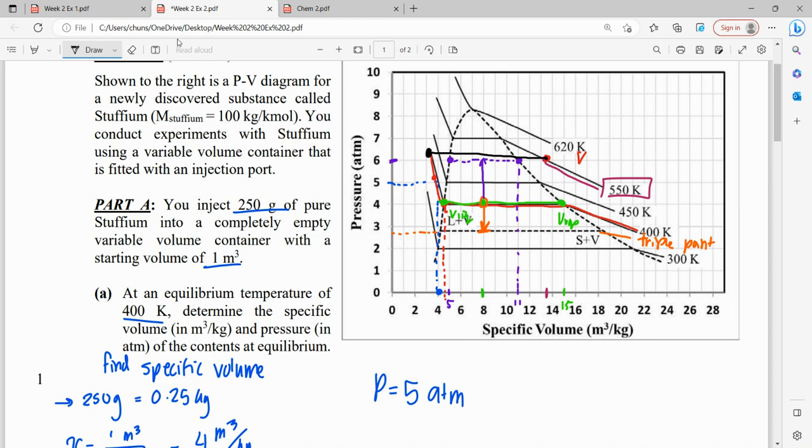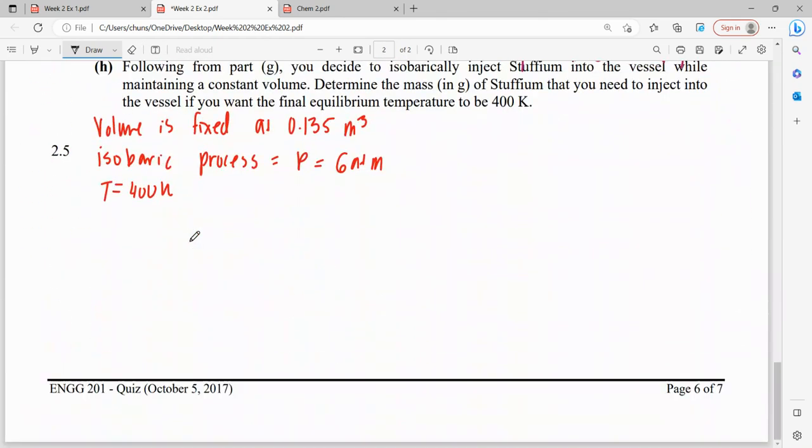That's for our 400 isotherm. And if we read down, that's about 3.5 specific volume. Volume is about 3.5 meters cubed per kilogram.